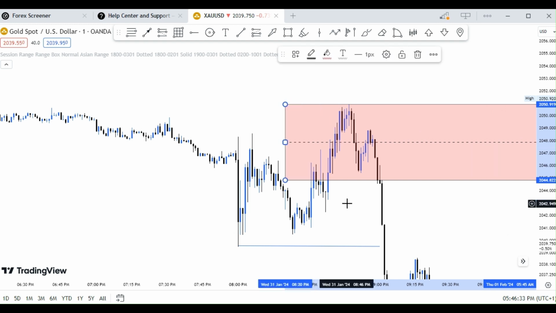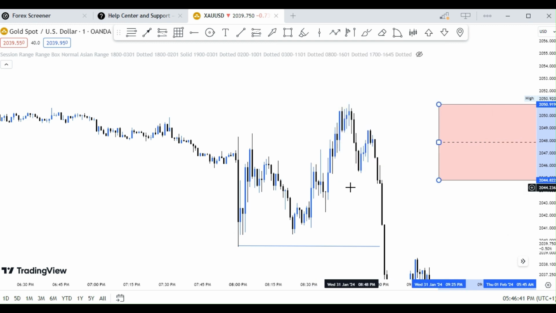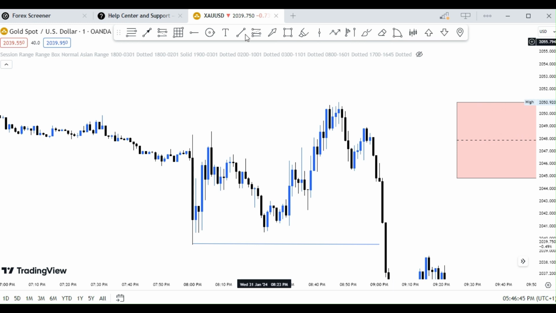So we can see that the market has also been going up and down with changes of character. So let us see where the change of character happens in that area. Change of character happens here. You see that candle rally before they continue with another one and change character here.